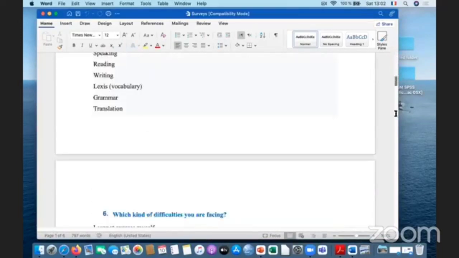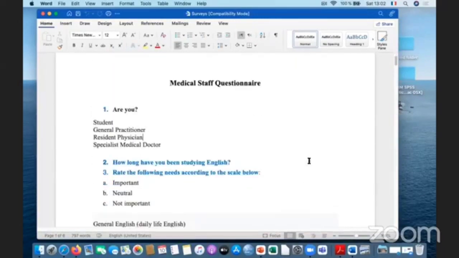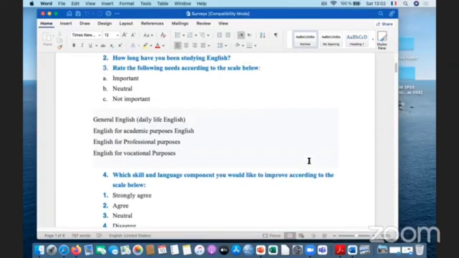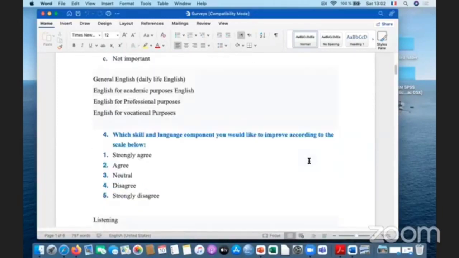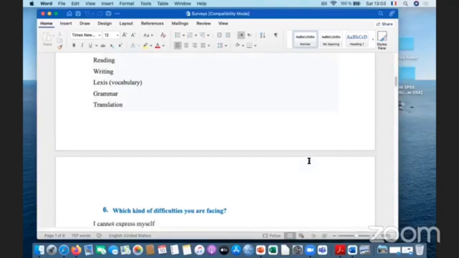Rate the following needs according to the scale below: important, neutral, not important. We have general English, English for academic purposes, English for professional purposes, English for vocational purposes. For which skills and language components would you like to improve: listening, speaking, reading, writing, etc., and grammar, translation?